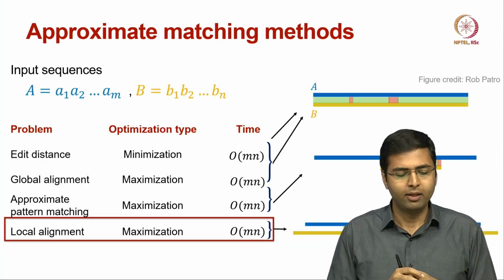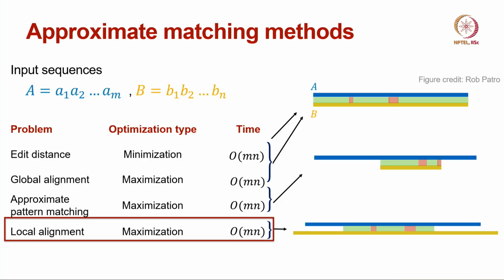To conclude, we have shown that the local alignment problem can be solved in order mn time using a very similar technique to what we have seen so far, that is dynamic programming. Compared to the naive algorithm, which was order m cube n cube, this is a significant improvement. I hope you appreciate that all these problems that we have seen so far are very different in nature in terms of how we define them, that is, what the alignment properties are.